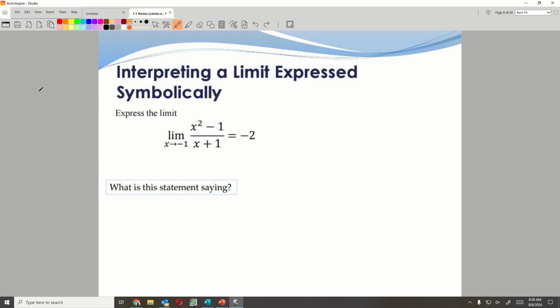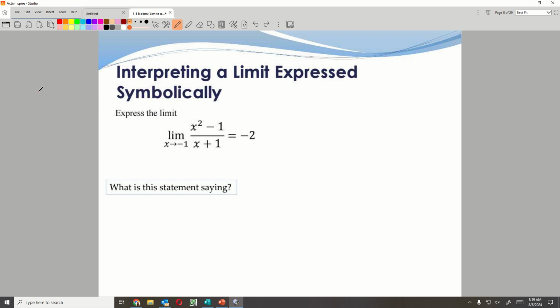Interpret this limit expressed symbolically. All right, what does it say? What is it saying? What you got? Not you. What you got? You weren't paying attention. The limit of the function x squared minus 1 divided by x plus 1 as x approaches negative 1 is negative 2.